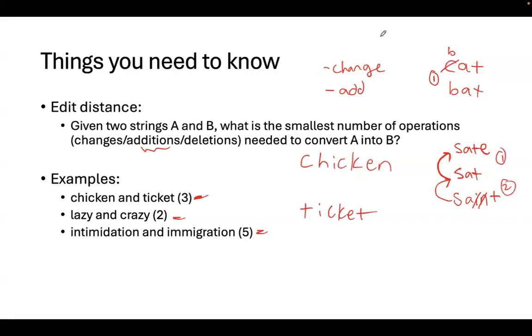All right, can someone tell me which operations we need to do to change chicken into ticket? Go for it. So no C, no H, add a T. Okay.